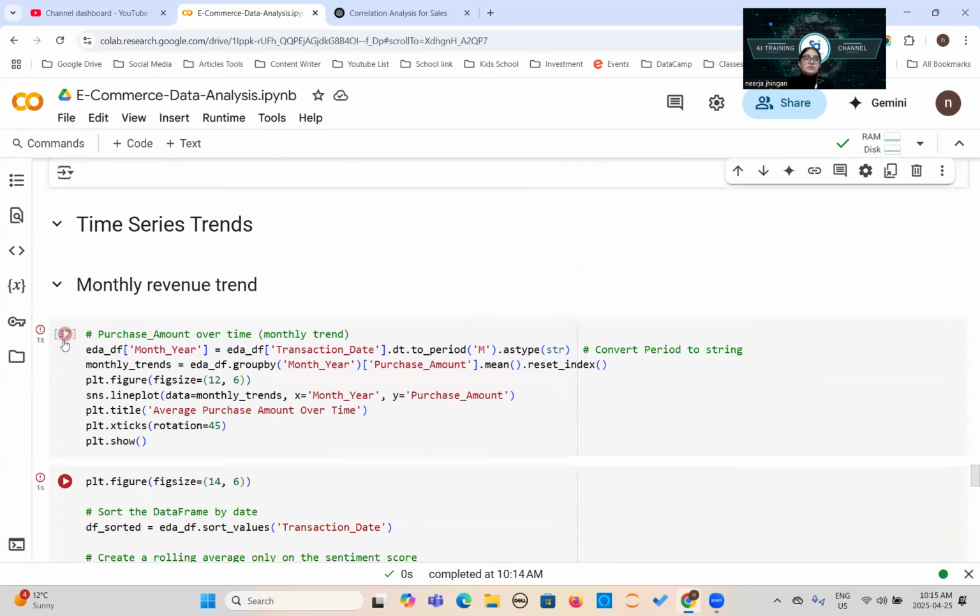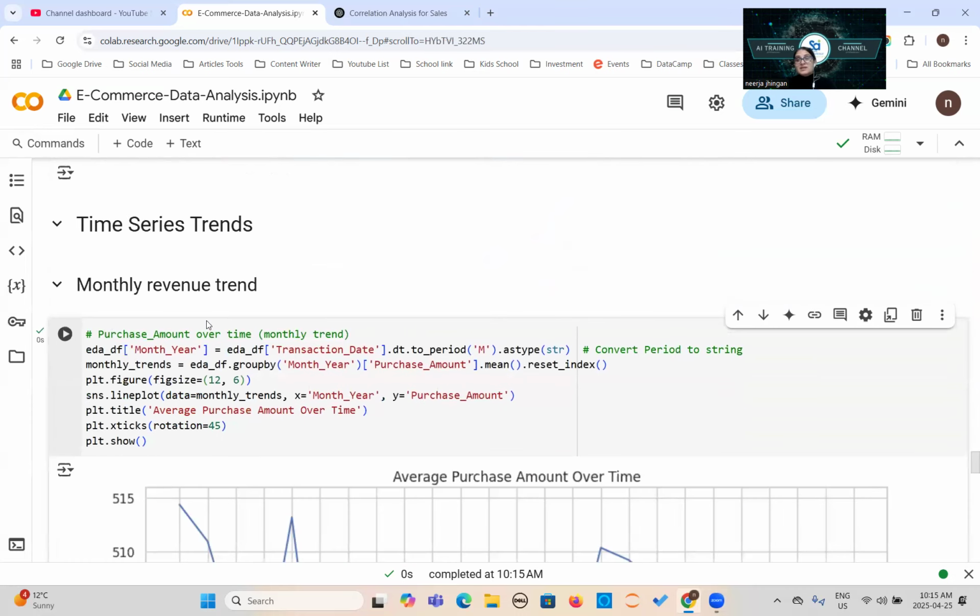And now we will talk about the time series trend. This is also another very useful insight, because the stakeholder wanted to look over time at which month purchases are done. This is also the most common one. So we will convert your transaction date into month or year, right?